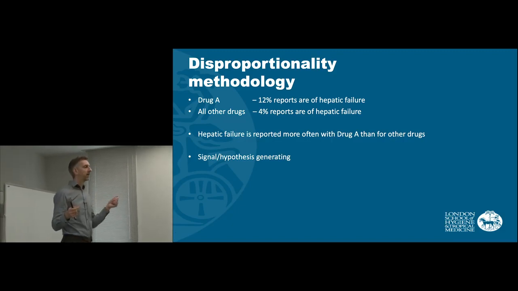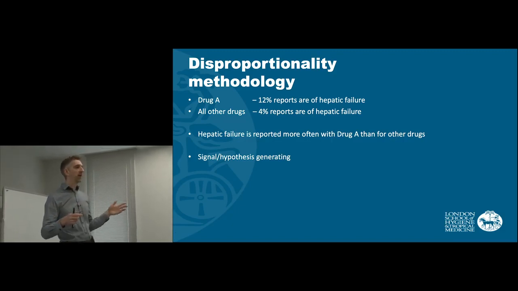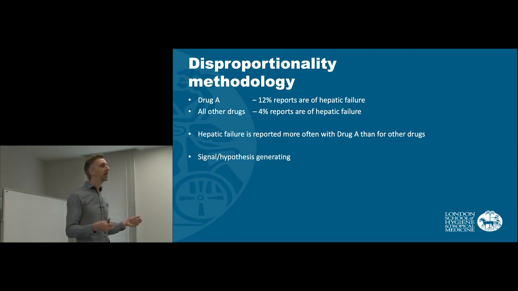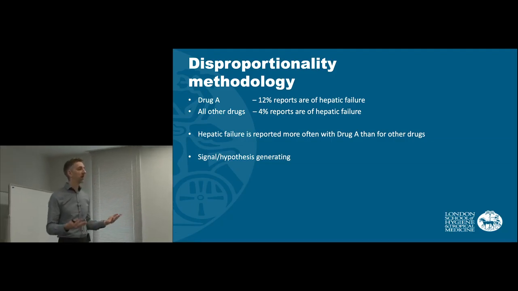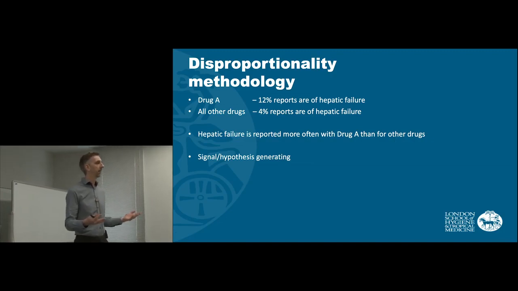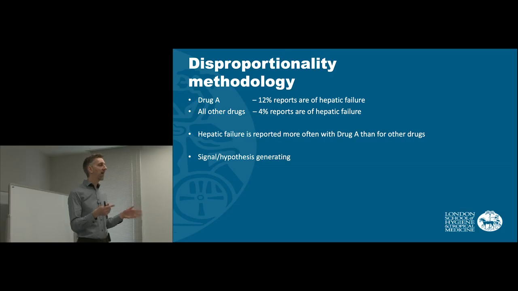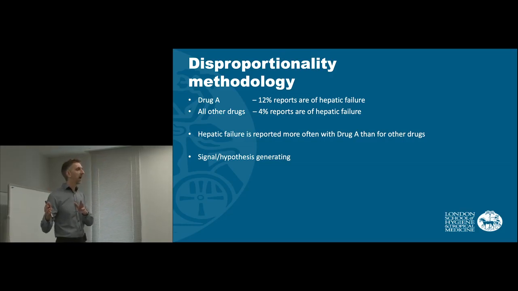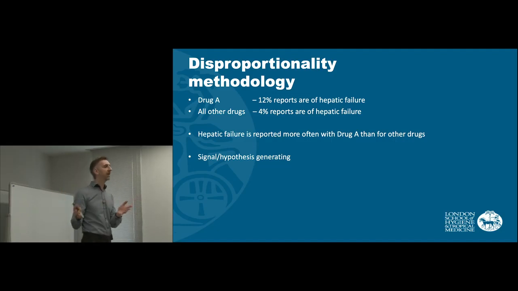So it's going to have a lot of data in it. If we find that for the drug that we're interested in, drug A, 12% of all reports received for that drug are for, say, liver failure, what we do is compare that 12% with the proportion of cases reported for every other drug on the database, and we see what proportion of those are liver failure.